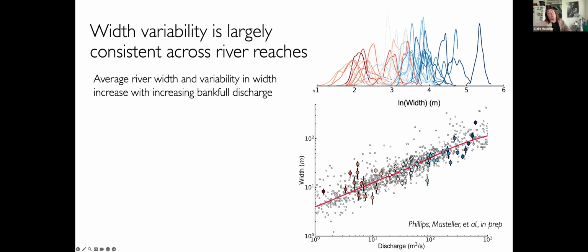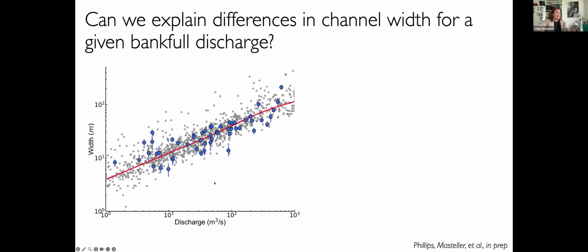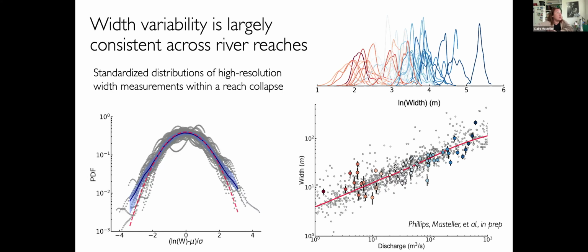These are the distributions of those widths. We can then standardize our data sets, taking our width and standardizing using the site-specific mean and standard deviation. When we do that with our high-resolution width measurements, we see that the variability of width within all of these reaches collapses quite nicely.